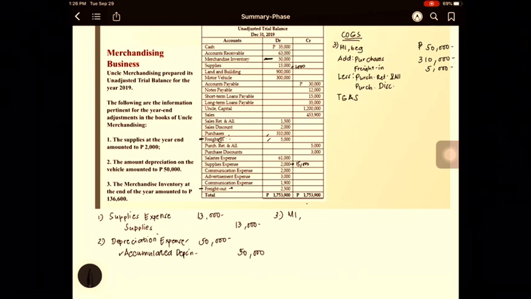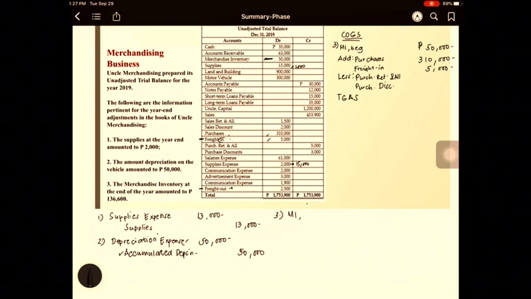But if the delivery cost, on the other hand, is considered as a freight out, you do not add it to the amount of your purchases or to the amount of your merchandise inventory, because it is really an expense. Take note of the difference. Freight in is added as part of the value of the merchandise inventory, while freight out, being an expense, shall not be added to the amount of the merchandise inventory. Take note of that. So let's continue.